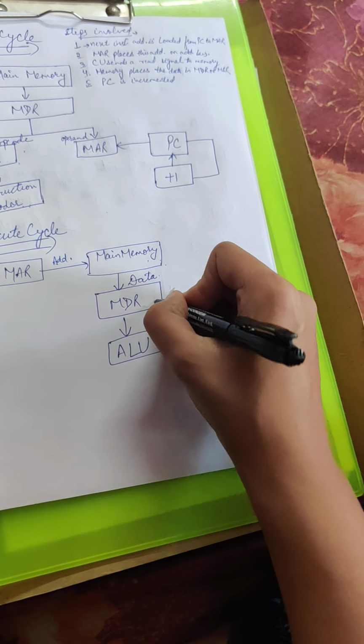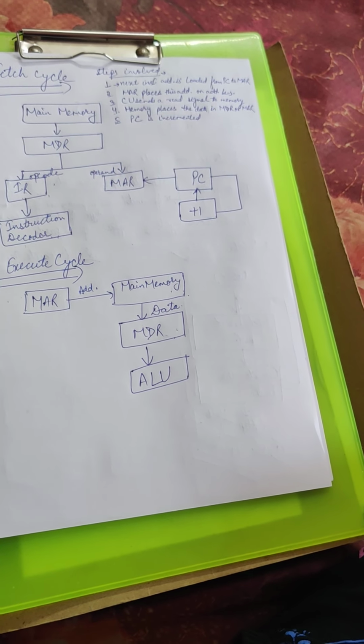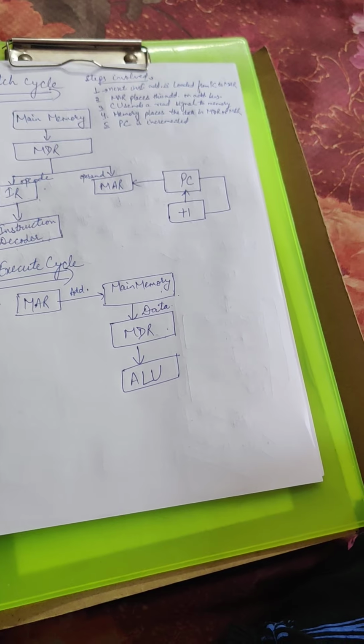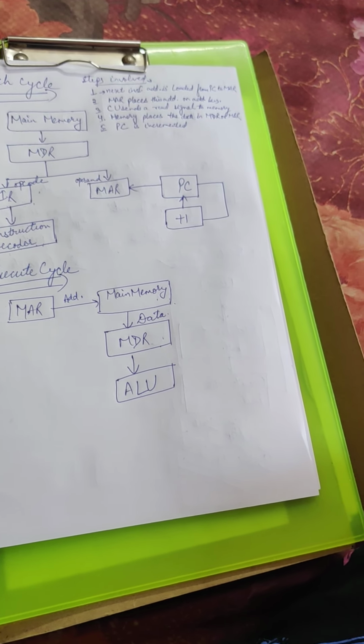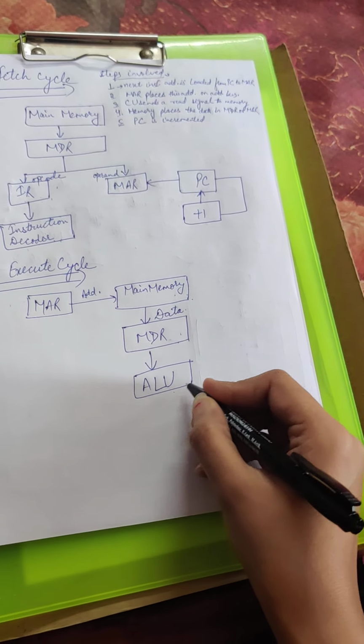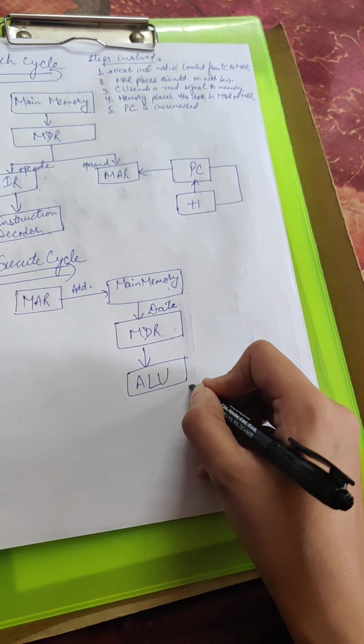And from this data register, the data is loaded into the ALU. ALU is the arithmetic and logical unit, which is used to perform arithmetic as well as logical operations.